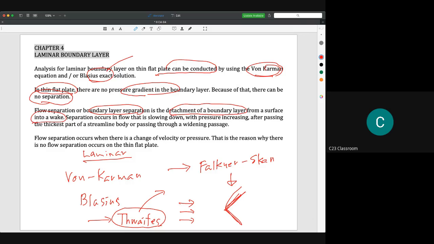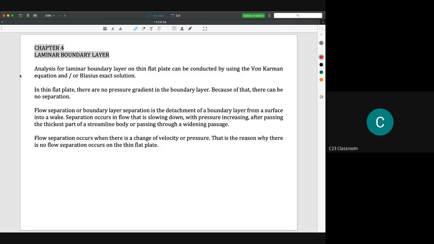Separation occurs in flow that is slowing down with pressure increasing. This is the condition for separation to occur. When the velocity decreases, the pressure will increase.